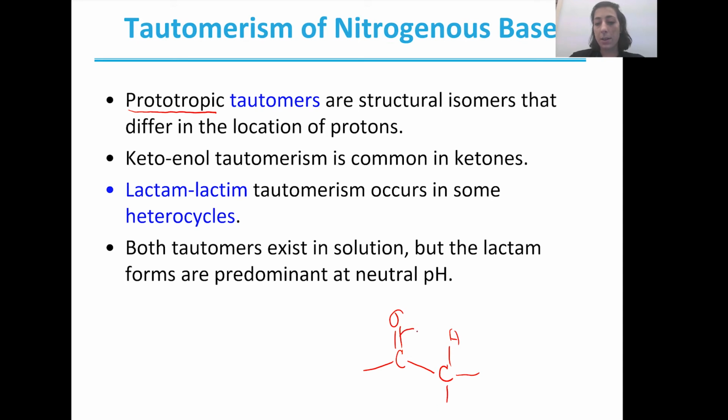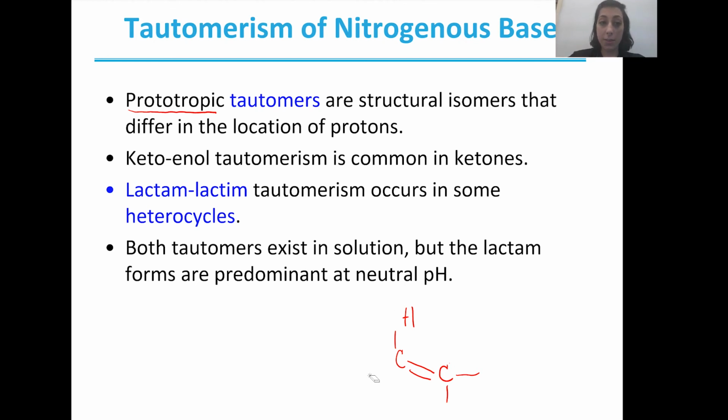And this bond here moves. So our double bond to our oxygen moves to form a double bond between the two carbons. And in doing that, this hydrogen here moves onto our oxygen. So we have movement of the hydrogen in a keto-enol tautomerism.